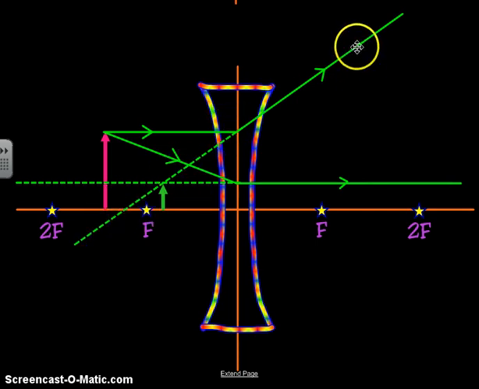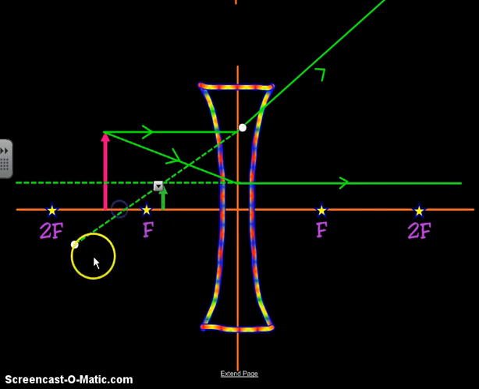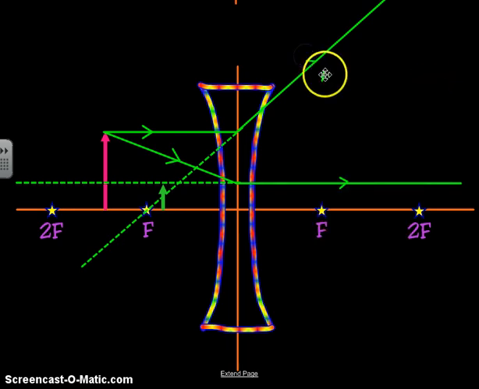Now mine's not perfectly upward. I probably should actually have it better angled so that when I extend it backwards, this does go through the focal point. So just that right there.